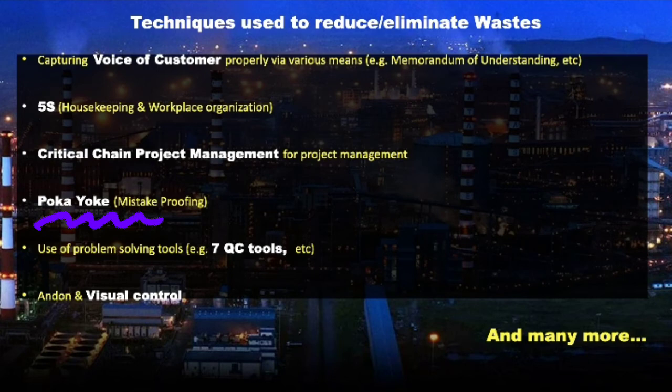Problem solving tools and techniques can also be used. For example, the 7QC can help to identify and solve issues of waste in the system. Visual controls or Andon can help in identification and elimination of waste. And there are many more ways to identify and eliminate Q waste from our system that you may research on.